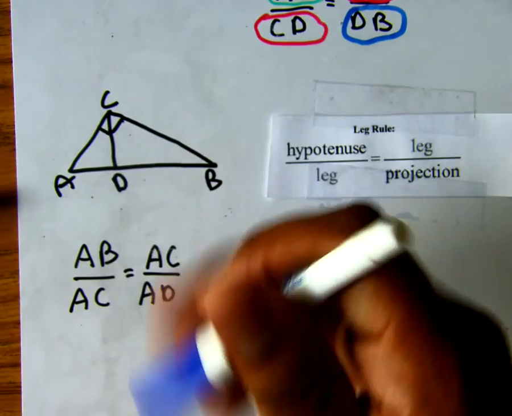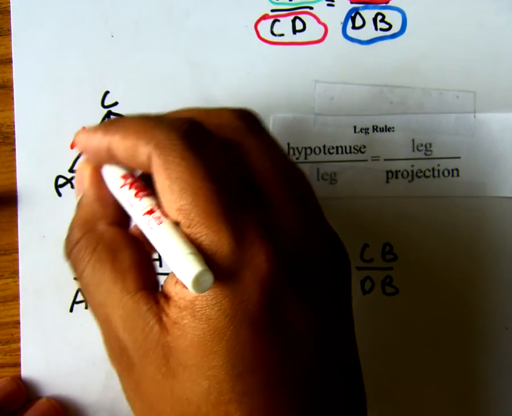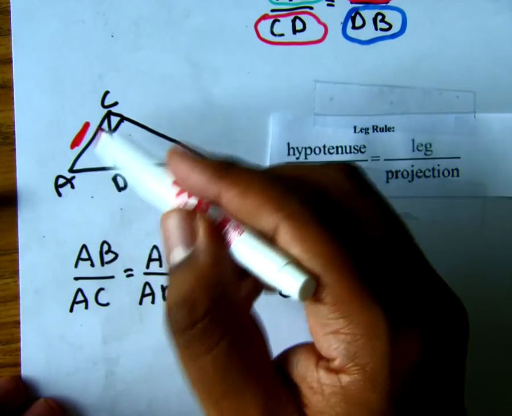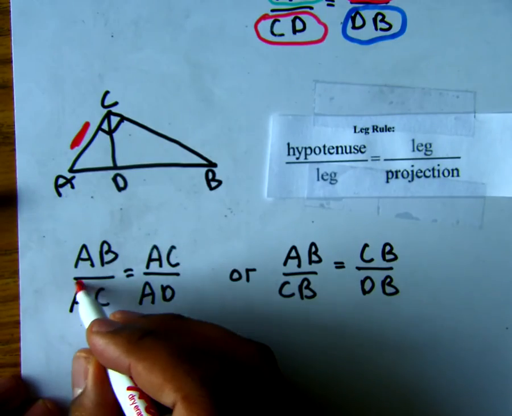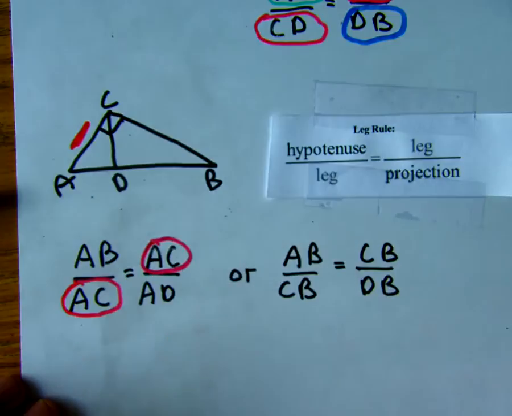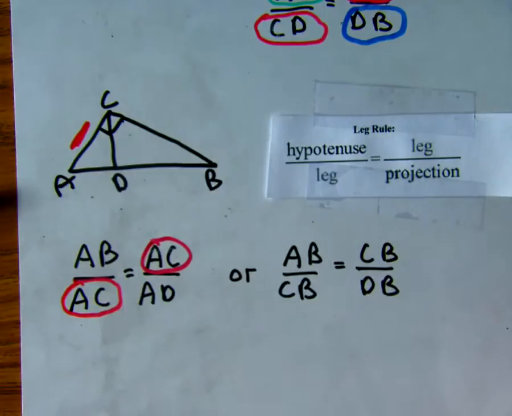So for instance, let's start with AC. If you look at AC here, it's kind of taking the place of the altitude, but it's the leg. And it's going to be here and here. Now with that, they're going to eventually multiply or square each other.